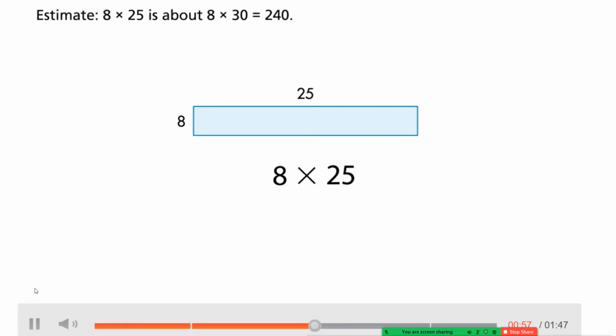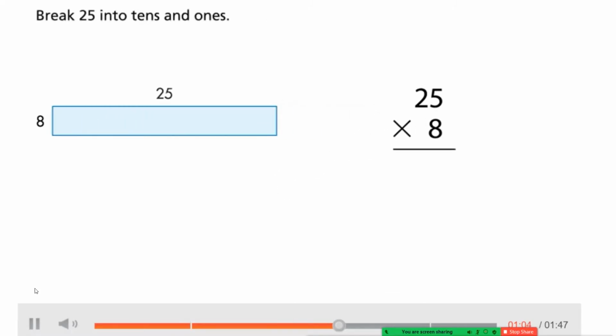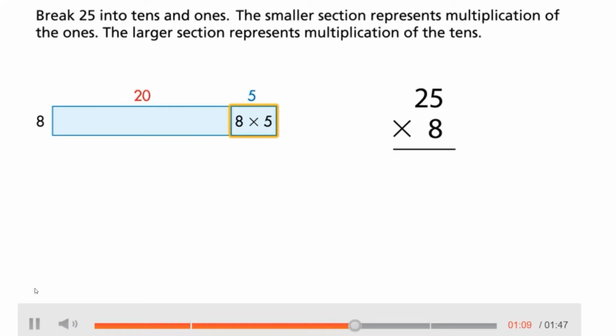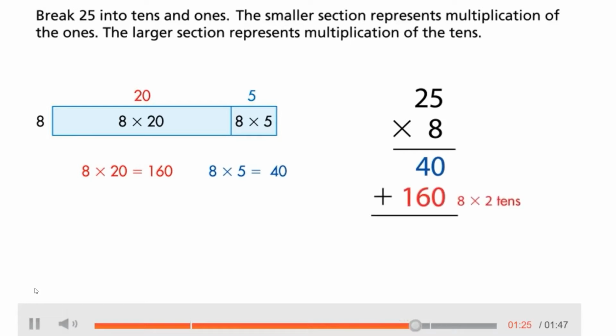8 times 25 is about 8 times 30 equals 240. Break 25 into tens and ones. The smaller section represents multiplication of the ones. The larger section represents multiplication of the tens. 8 times 5 equals 40. 8 times 20 equals 160. 160 plus 40 equals 200.